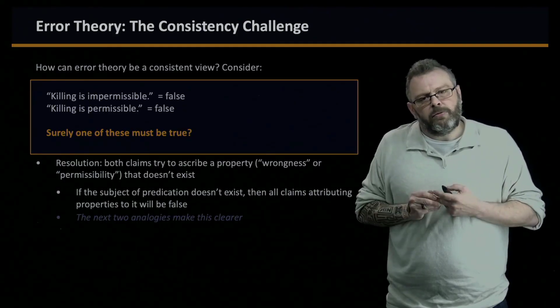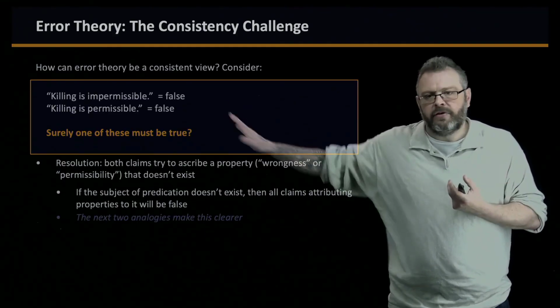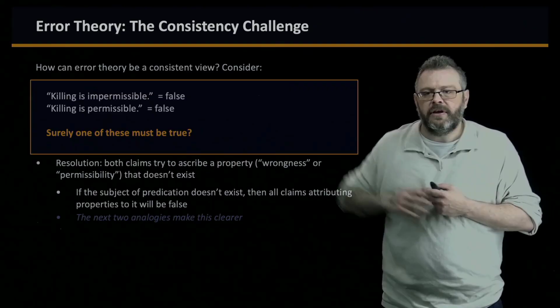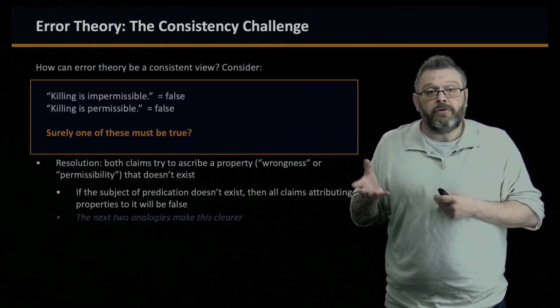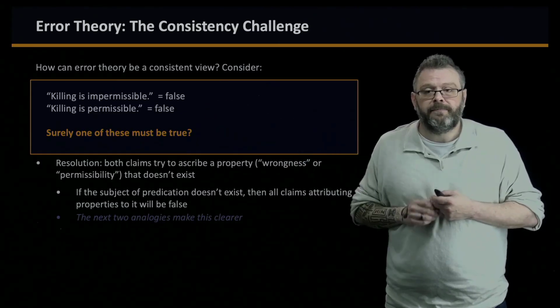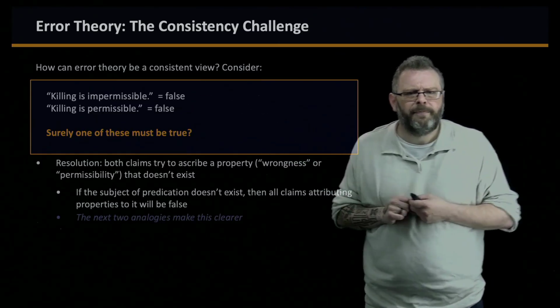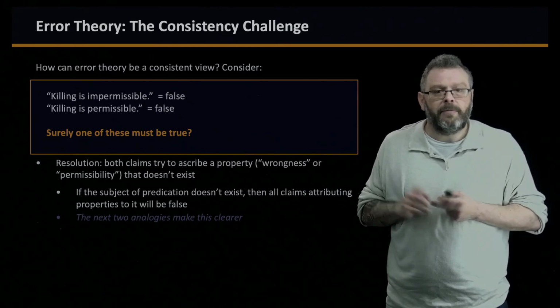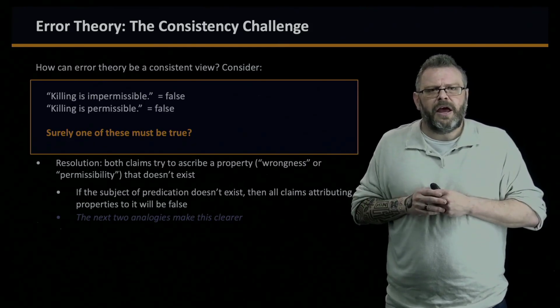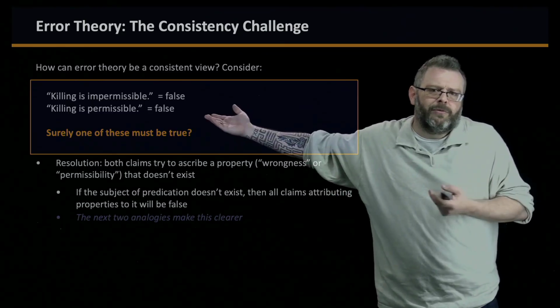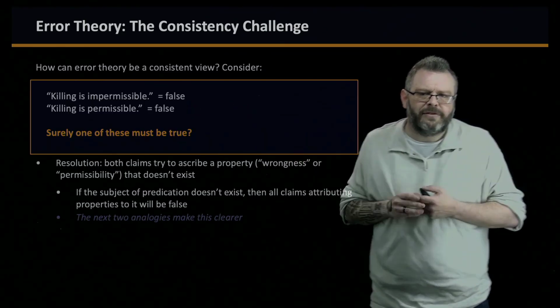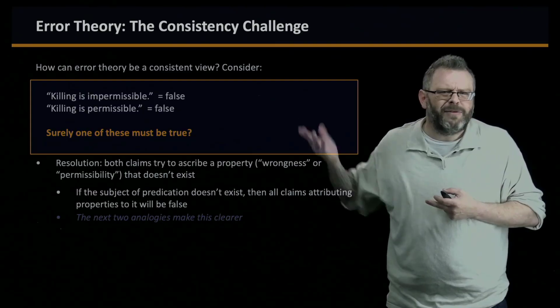So this can be a little bit weird to wrap your head around, because take these two claims. Killing is impermissible. The error theorist is going to say, well, that's false. Okay, then killing is permissible. The error theorist is going to say, nope, that's false too. And our intuition is surely one of these two statements has to be true. How can they both be false?